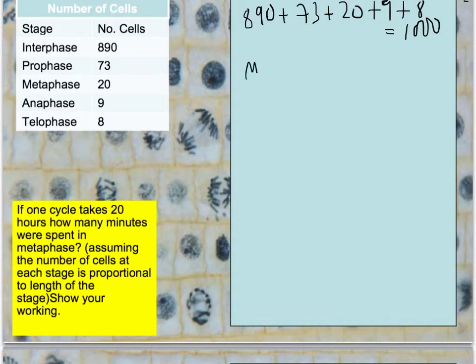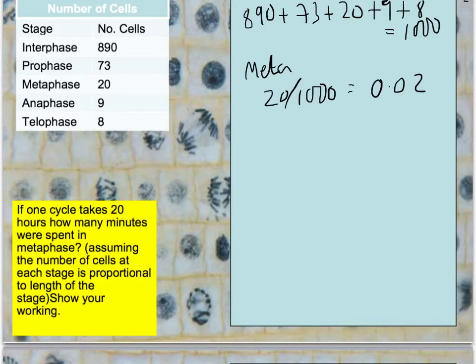We're only interested in metaphase, so that's 20 divided by 1,000. So that gives us 0.02. So 0.02 of the cells are in metaphase. So we've been told that the cell cycle lasts 20 hours.